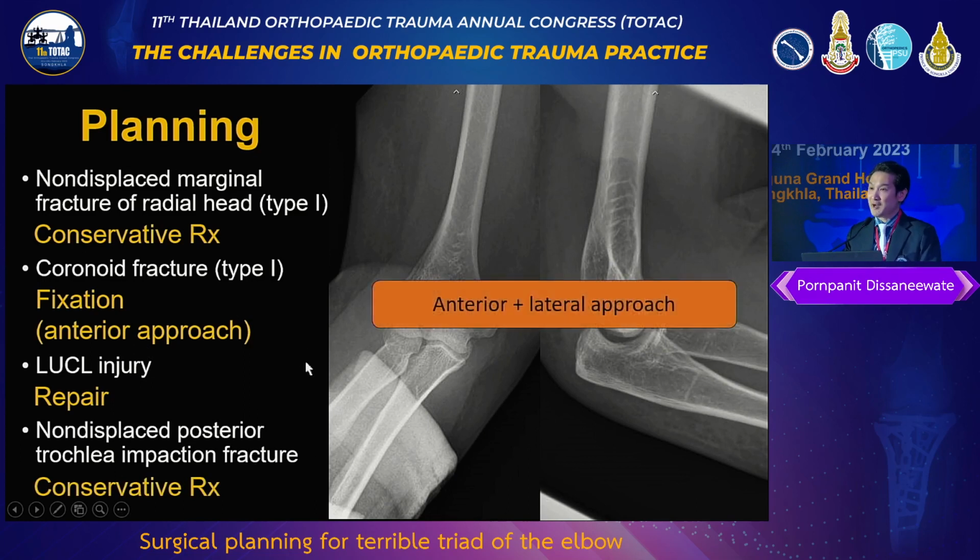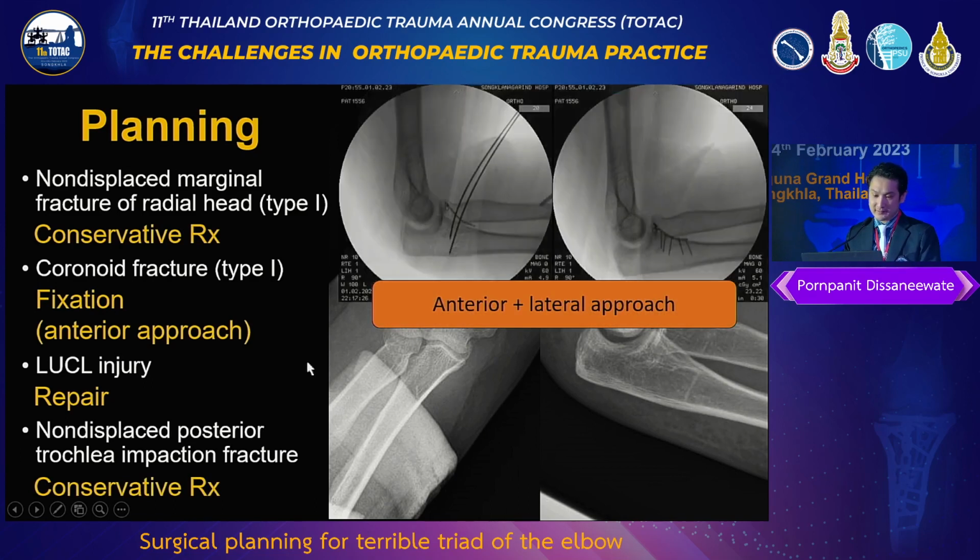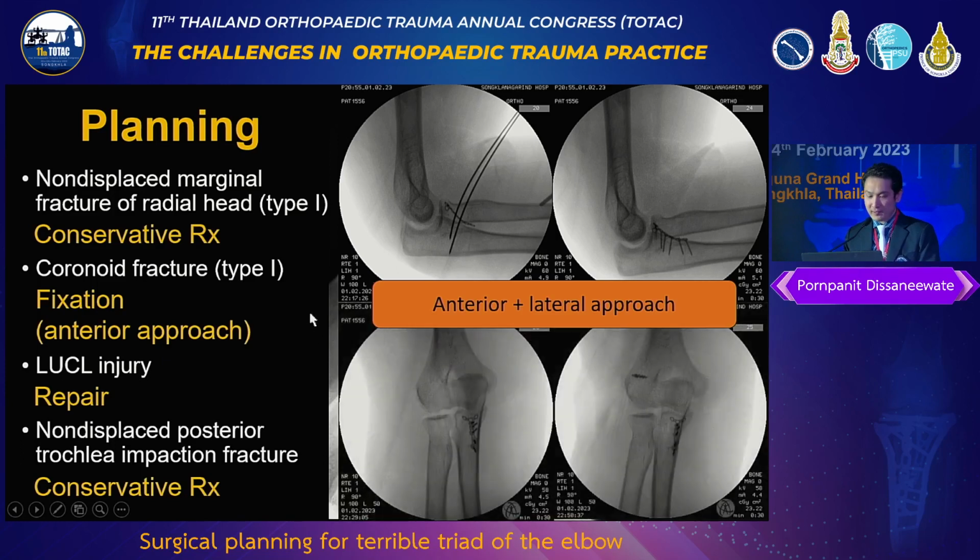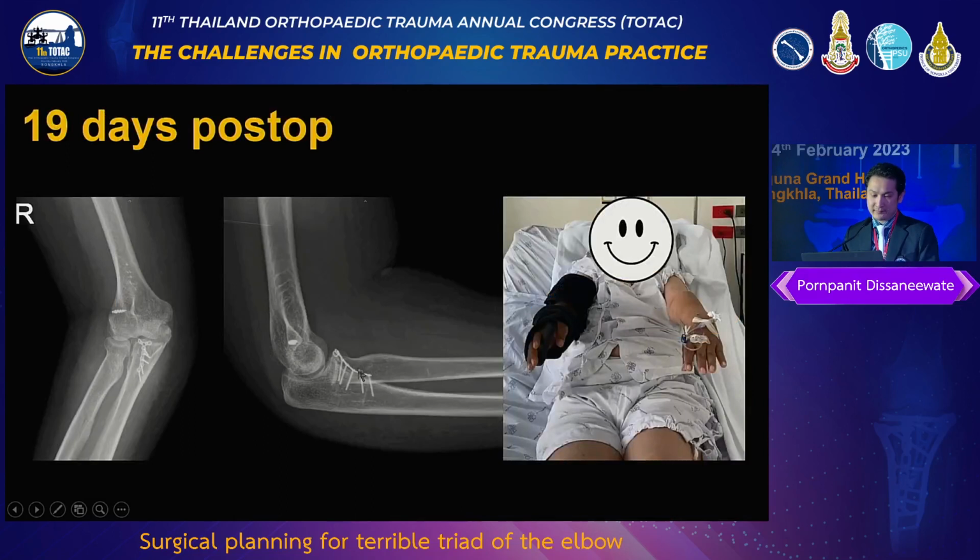So in this case, my plan is to go anterior and to go lateral approach. So first, I start with the anterior. I go the anterior approach to put the plate over the coronoid to buttress it, and I also suture the anterior capsule to the remaining hole of the plate as well, and then fix the LUCL.